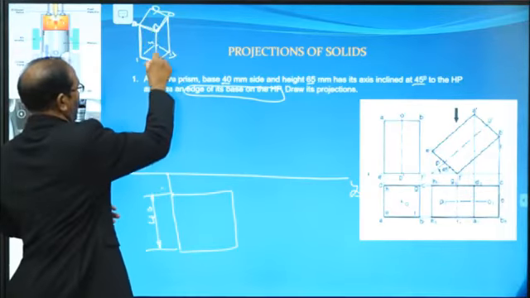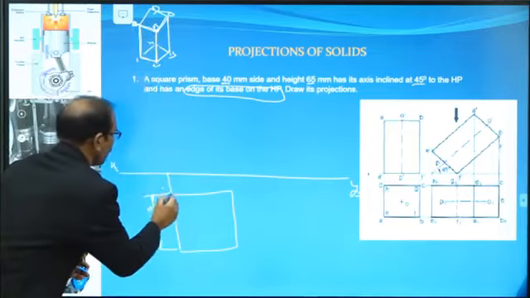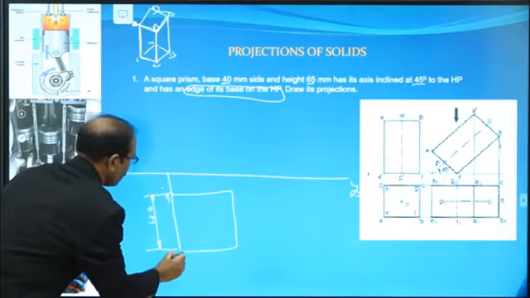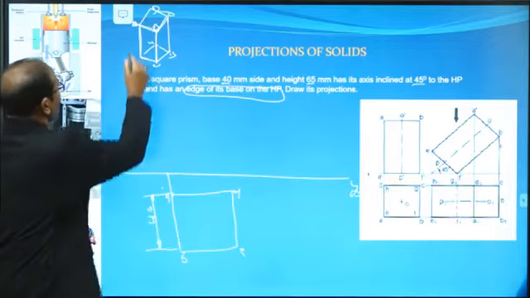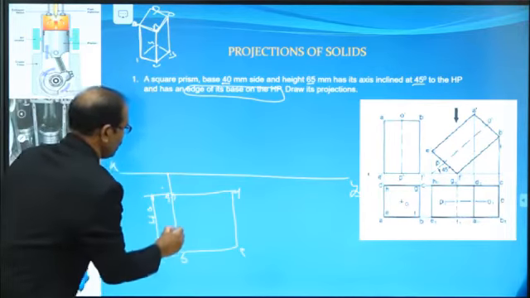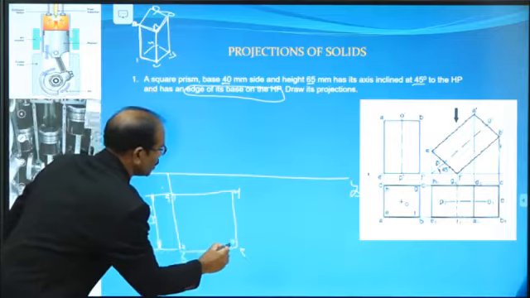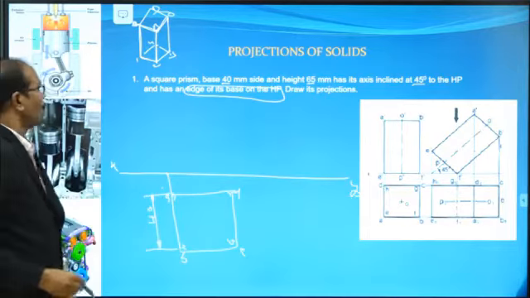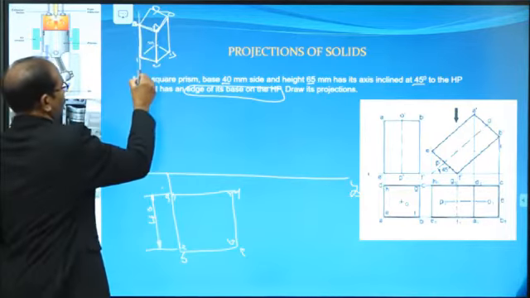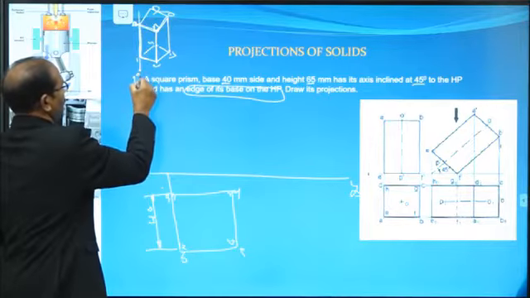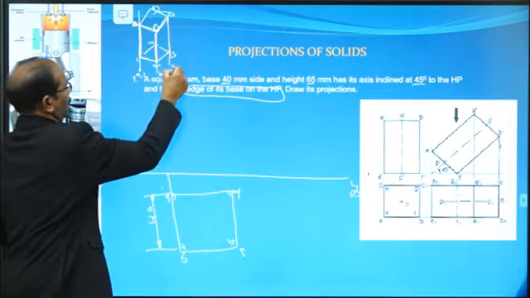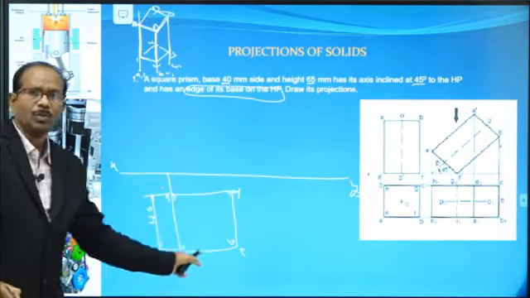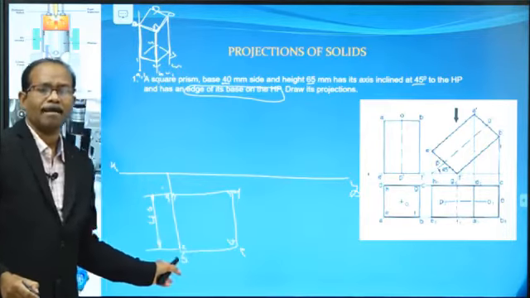Now the top view: A and small a, B, C, D, again 1, 2, 3, 4. While drawing this, there are two points at one corner: A, comma 1, B, comma 2, C, comma 3. So that is the way two points are there at one corner.